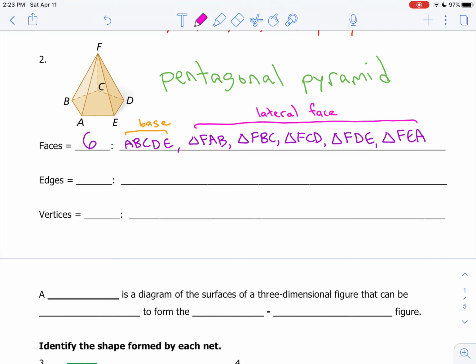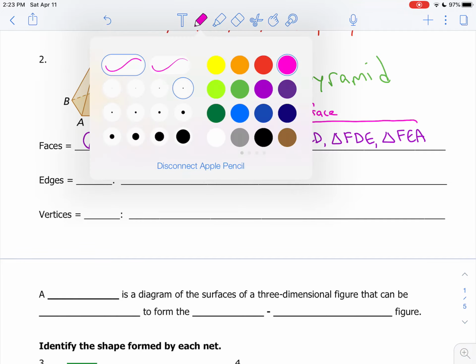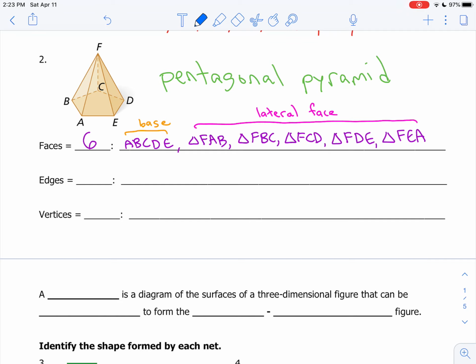All right, so the edges are the segments. Go ahead and count those real quick while I'm changing colors. See how many edges you see. And I see 10. We get 5 down here and then 5 coming from the vertex there. So you should have 10. Now let's break that down into 2 parts. Let's look at the bottom first.